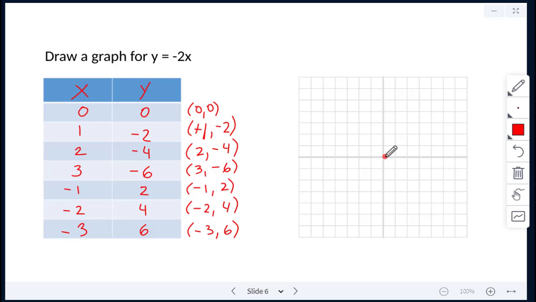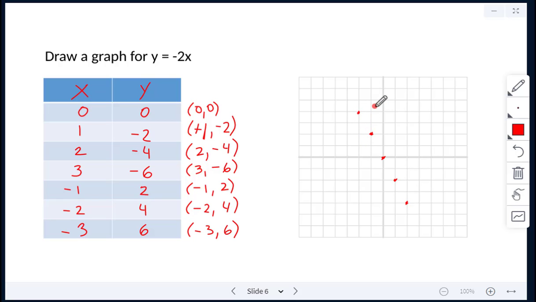All right, so quickly, that would be our 0, 0, positive 1, negative 2, positive 2, negative 4. Already we can see that this is a downward graph, which is what we should have seen because our value here is a negative value. Let's just plot some of those points here at negative 1 and 2, at negative 2 and positive 4.